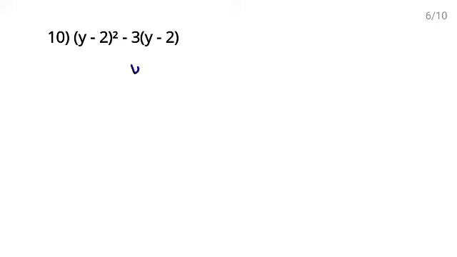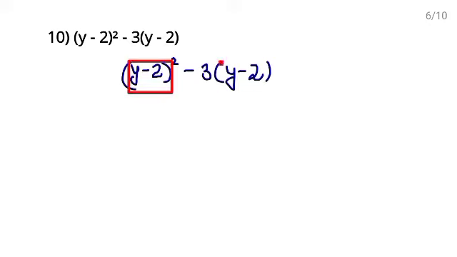Next question, question number 10. This is y minus 2 whole square, minus 3 into y minus 2. Right? y minus 2 is the base, which is the common binomial factor. So I am taking y minus 2 outside the bracket.